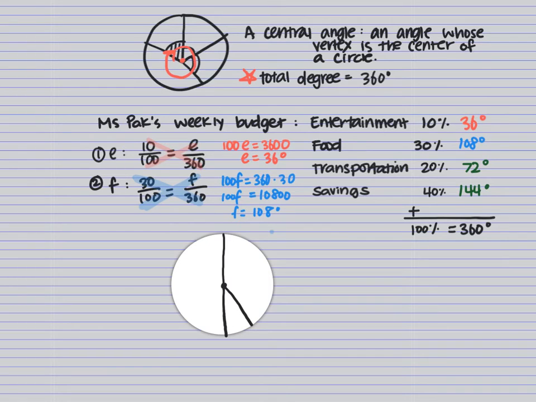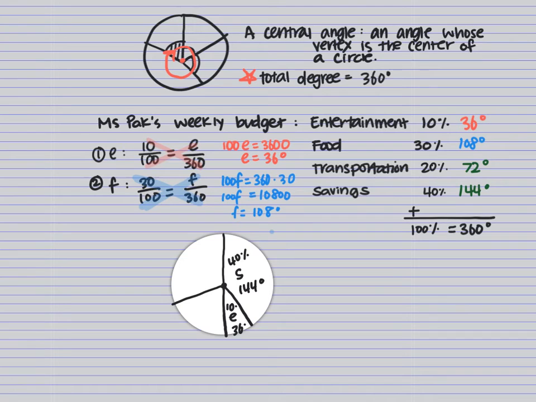For the bigger part, it's about 40%, and that is going to be savings. So I'm going to put S for savings, and I'm going to put 144 degrees. The smaller 10% is going to be for entertainment, and that's going to be 36 degrees. 20 and 30, I am going to put maybe like this.